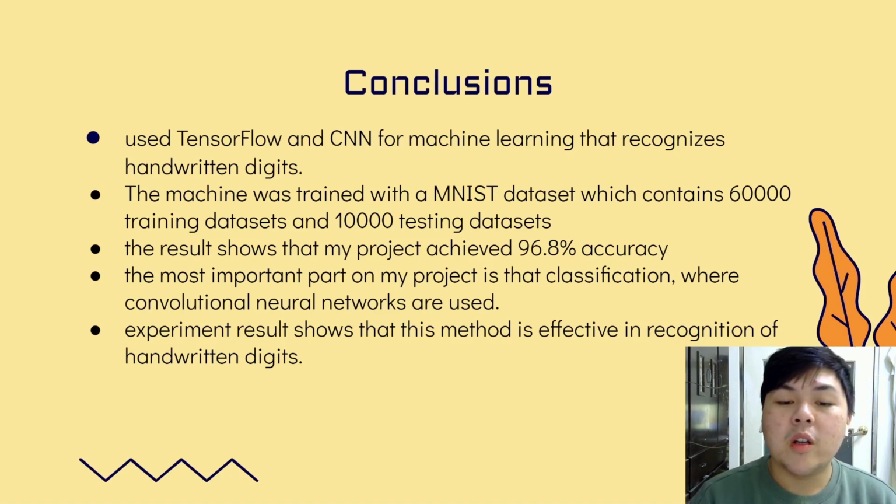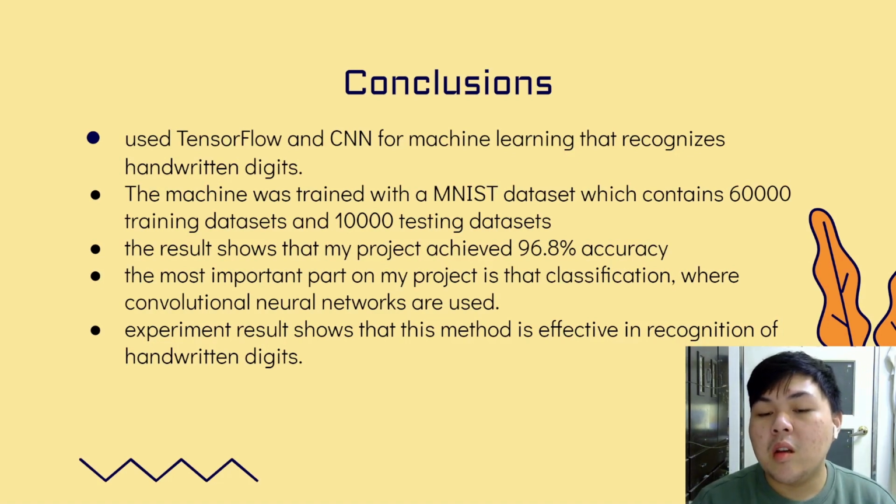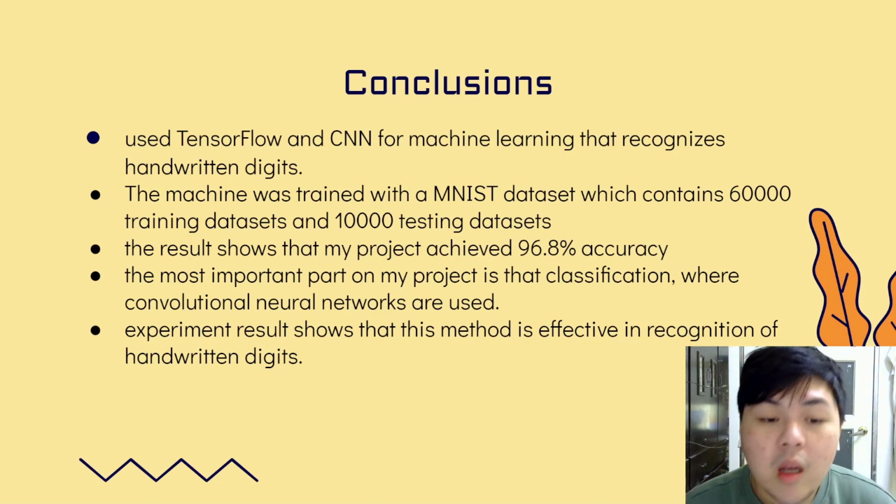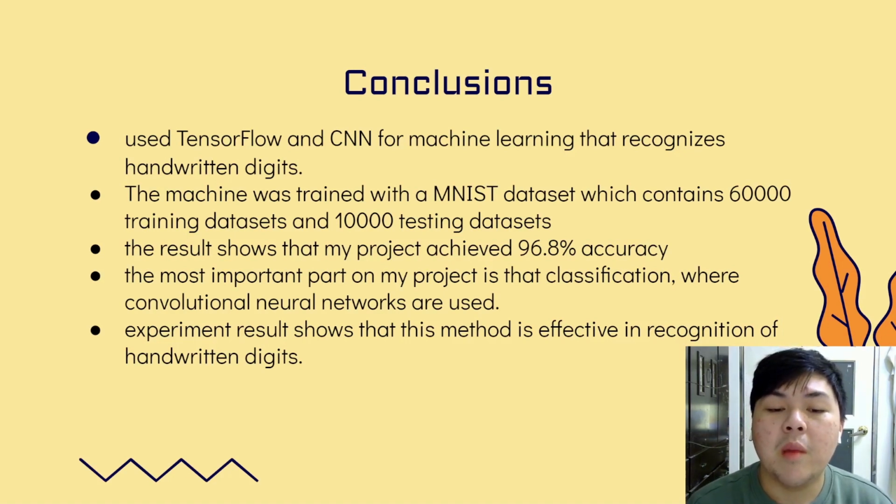The most important part of my project is the classification, where convolutional neural networks are used. I've used TensorFlow with neural networks for handwritten digit recognition, also using the MNIST dataset. And the experiment result shows that this method is effective enough in recognizing handwritten digits.